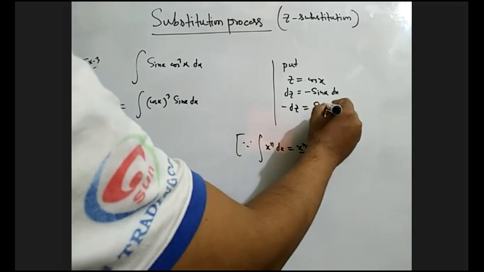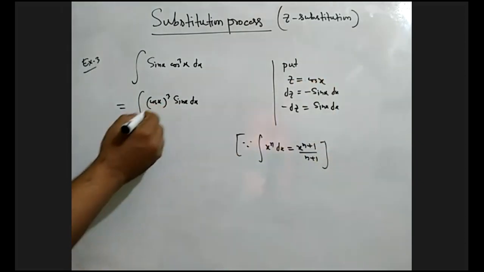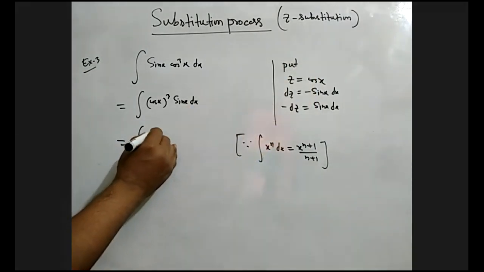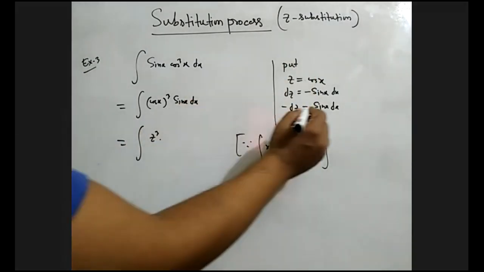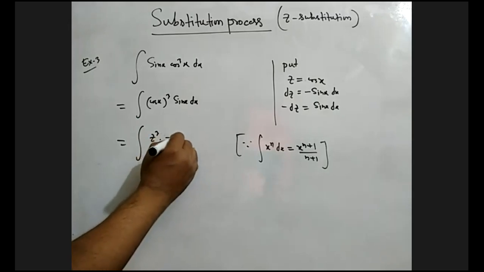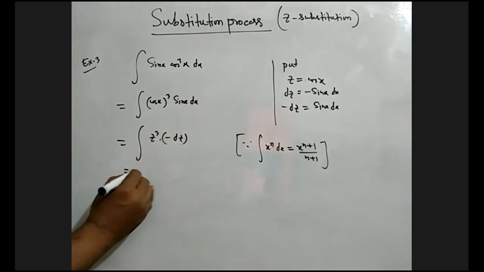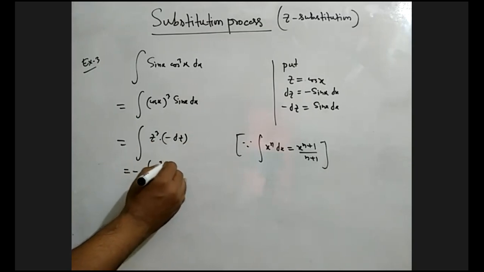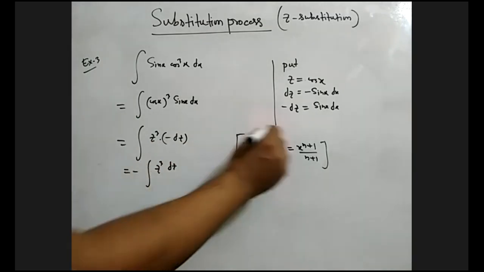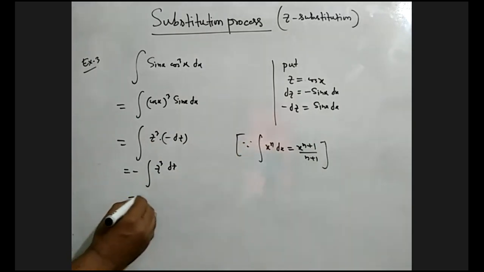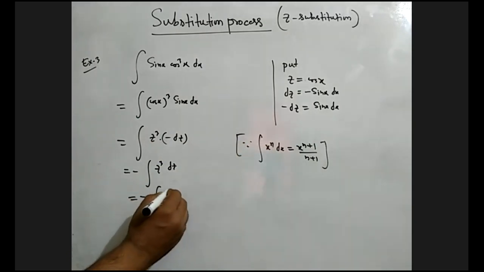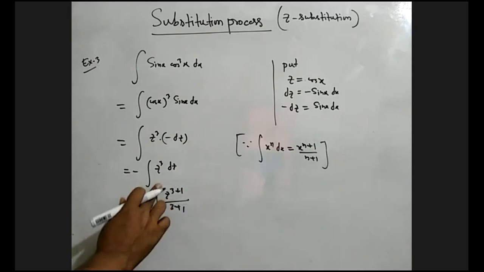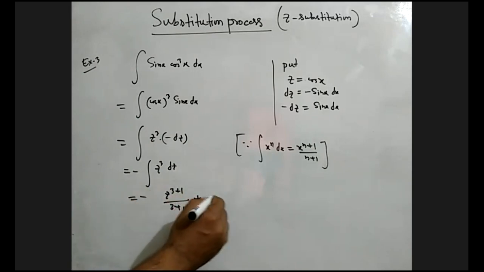So minus dz equals sin x dx. Just substituting now, cos x was z cube, and sin x dx equals minus dz. Very easy. The minus will be outside the bracket. Now using the same power rule, z to the power 3 plus 1 divided by 3 plus 1, plus c.